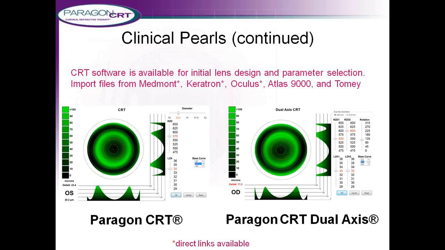This software is available with certain topographer brands. It's for the Medmont, the Keratron, Oculus, the Atlas 9000, and Tomey versions 1 through 4. There are direct links available with the Medmont, Keratron, and Oculus models. Electronic ordering is also a feature of the software.